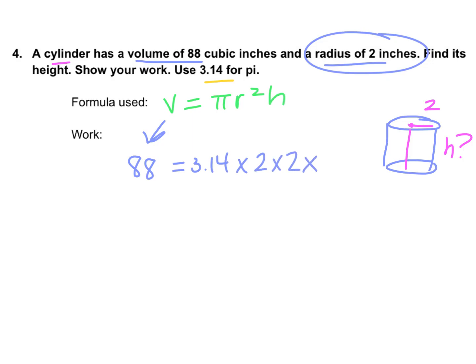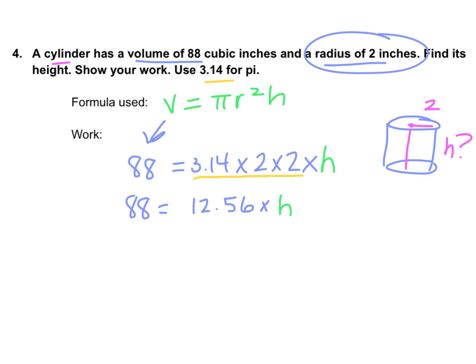But I don't know the height. We're trying to find the height. Okay, so first I know I can simplify all of this. 3.14 times 2 times 2, and that gives me 12.56, and then times h.